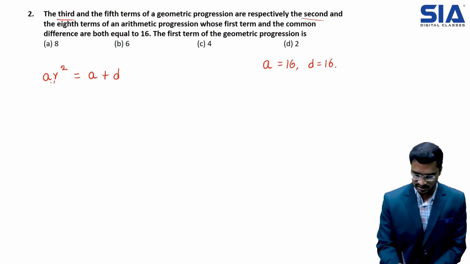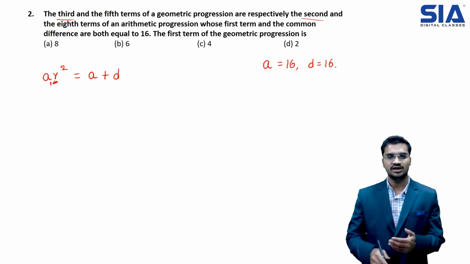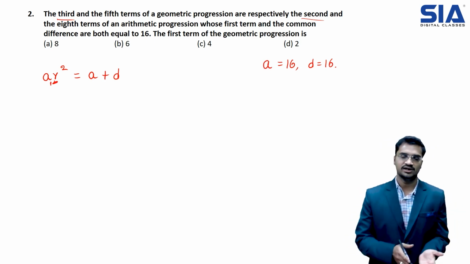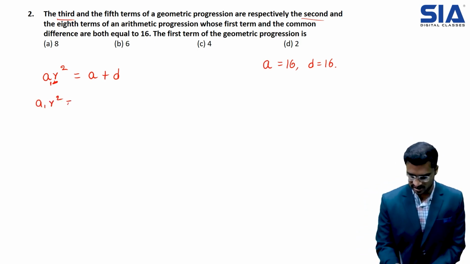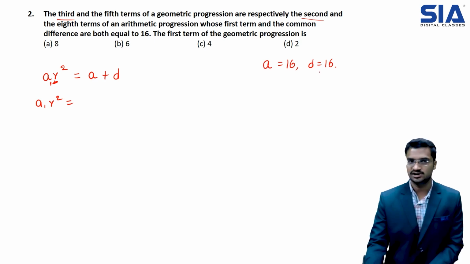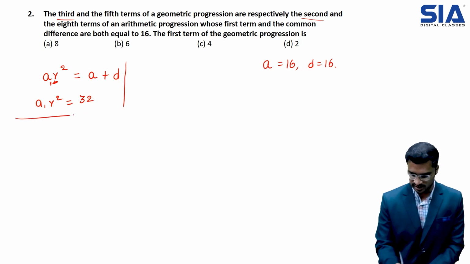So let us write this value as a1, because the value of a here is in the arithmetic progression, and a1 is in the geometric progression. So a1 r square is given as a plus d. a is 16, 16 plus 16 is 32. So the value of a1 r square is 32.